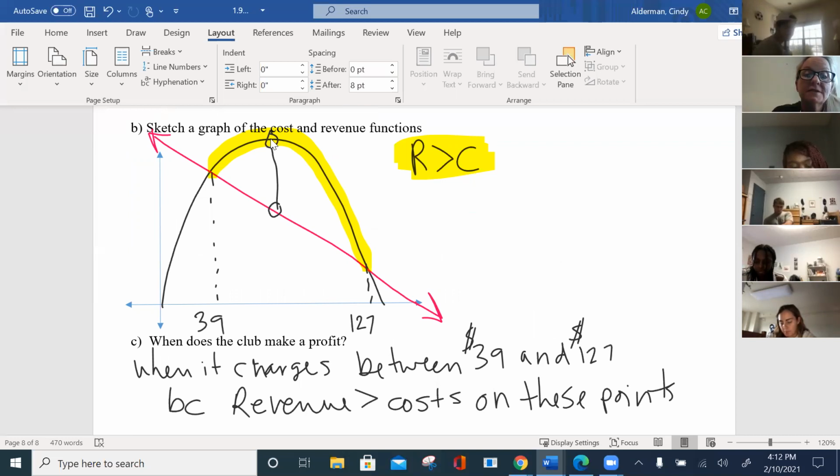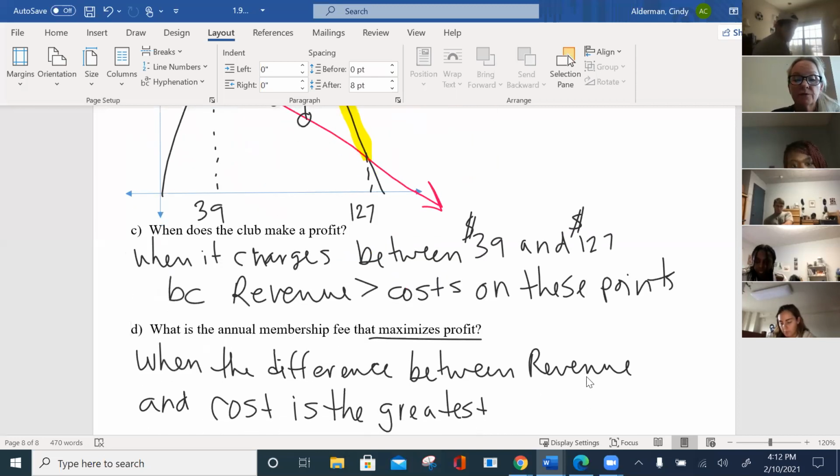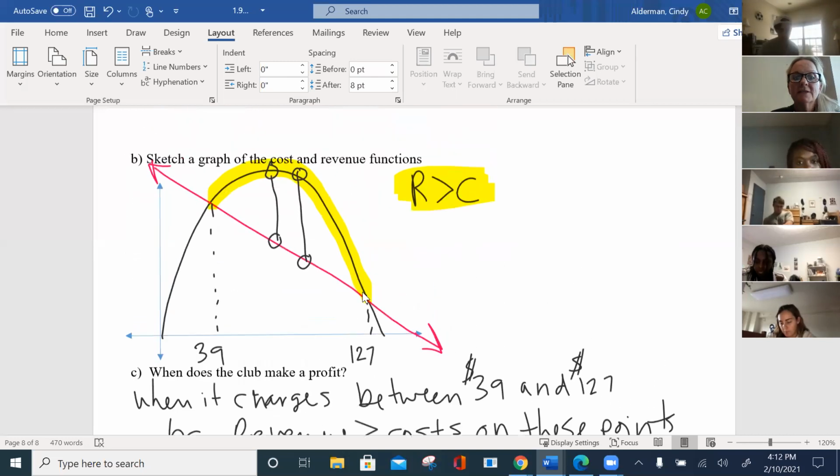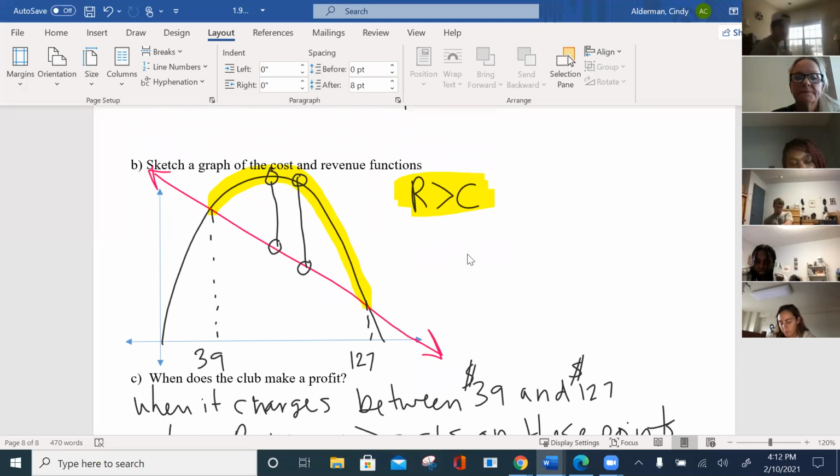But it turns out for this one, you see how that line's longer? That means that the difference between this revenue and this cost is more, right? So when the difference between revenue and cost is the greatest, that's when you make the most profit.